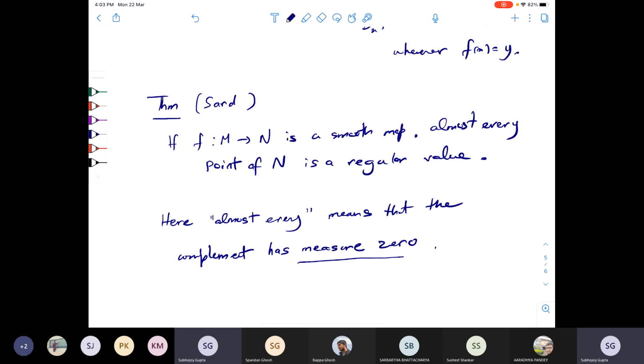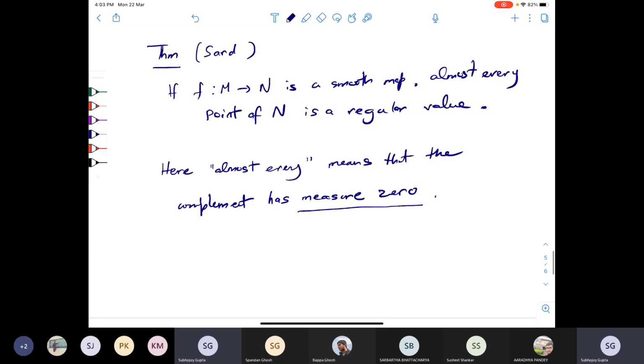Okay, so you've probably come across this notion of full measure and 0 measure, but I'll recap a little bit of that for what is enough for this discussion.